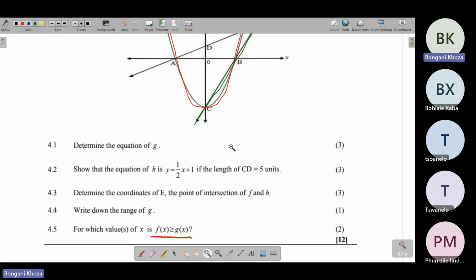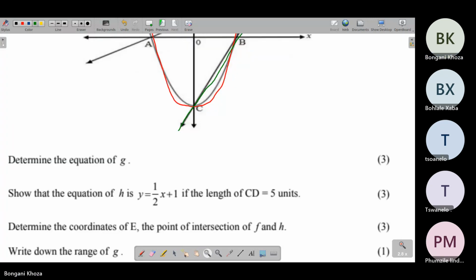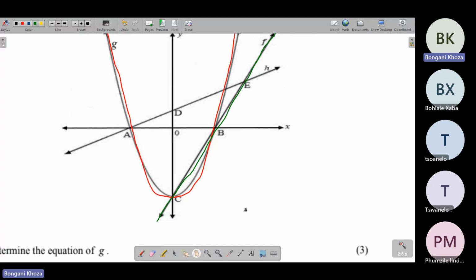If we check our graph for where f is above g, f is over here and g is below here. That only happens in this section, from the turning point up to that point. That's the only section where f is above g.